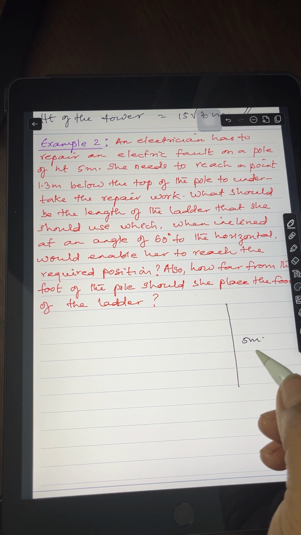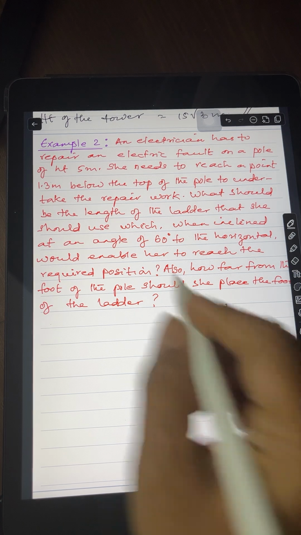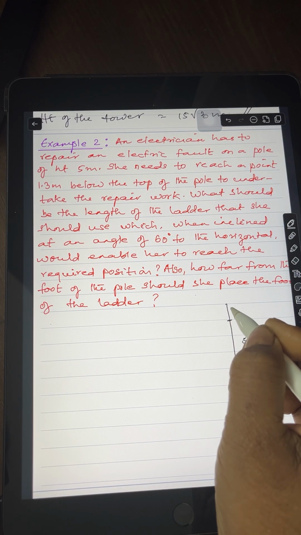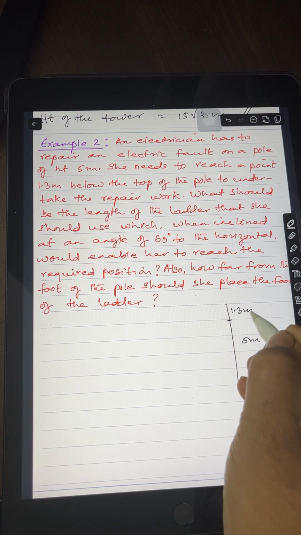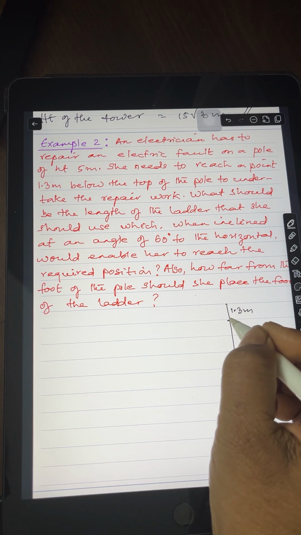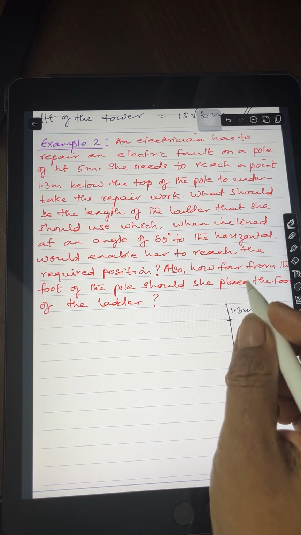She needs to reach a point 1.3 meter below the top of the pole to undertake the repair work. What he is saying is the repair work is somewhere here. Suppose this is 1.3 meter below the pole. Somewhere here she has to reach to repair the electric pole.